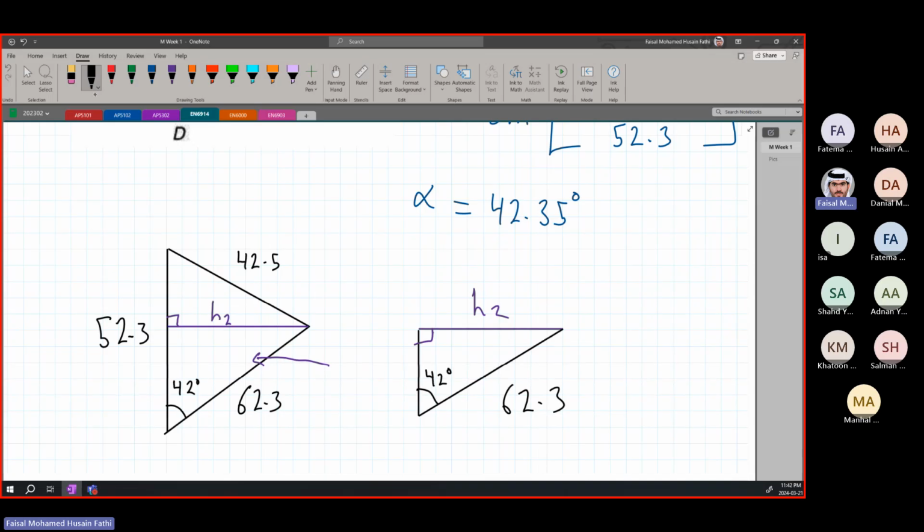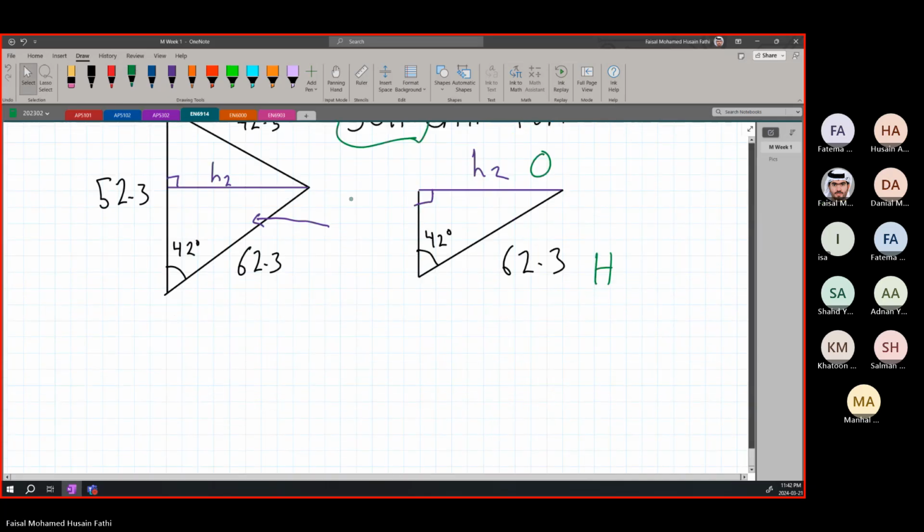Again, the exact same concept. So since it's a right triangle, SOH CAH TOA, we have the opposite. We have the hypotenuse first. This is the hypotenuse, the one opposite to the right angle over here. And we have the opposite. So what are we going to use?